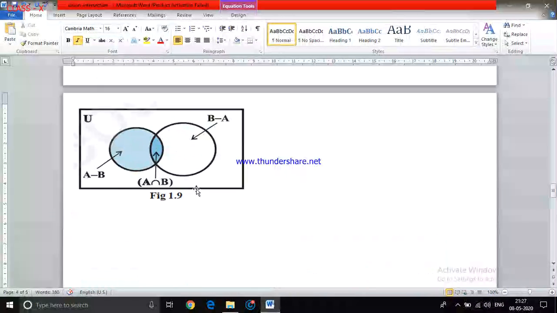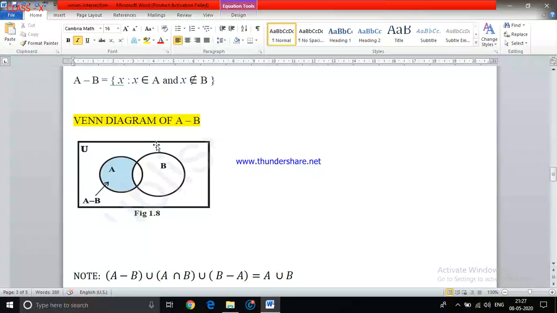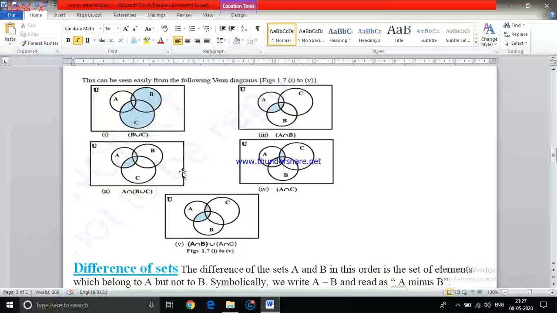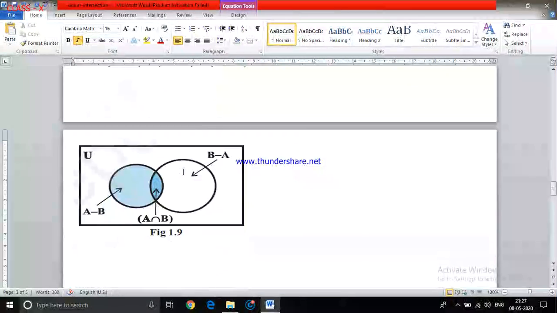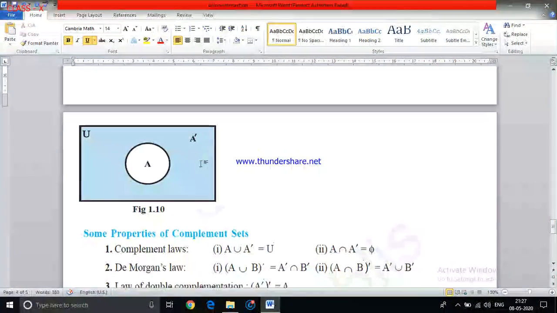That's why in every Venn diagram, these circles are inside the universal set. I cannot take these circles outside the universal set. In any Venn diagram you consider, circle A, circle B, or circle C all lie inside the universal set, which means each and every set A, B, and C is a subset of the universal set. Understood? So that's why I kept them inside. If it is outside, then all these properties may not be valid.